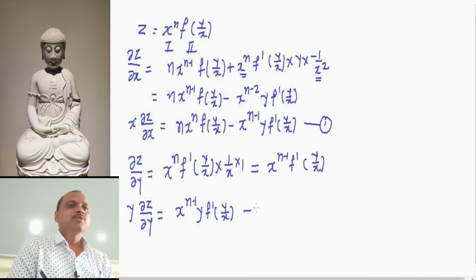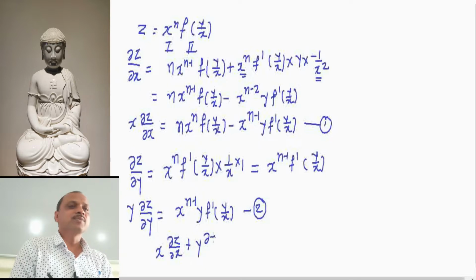This is suppose equation number 1, this is suppose equation number 2. Now x into del z by del x plus y into del z by del y equal to addition of these two.